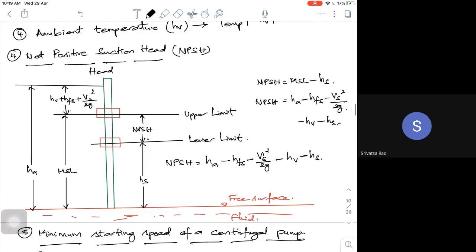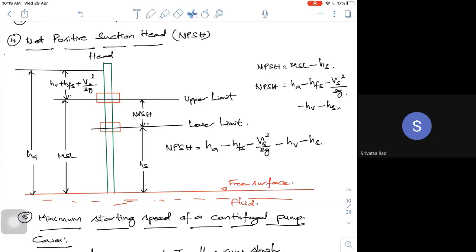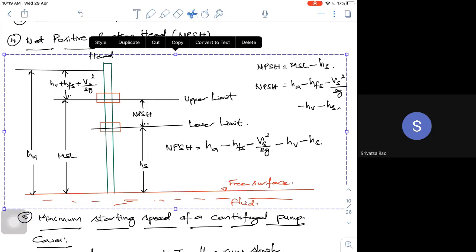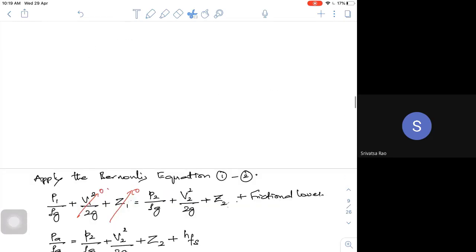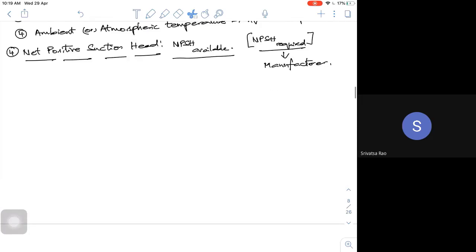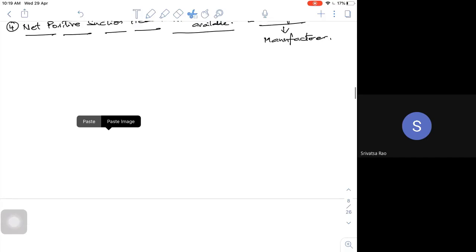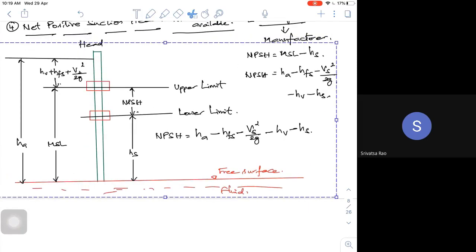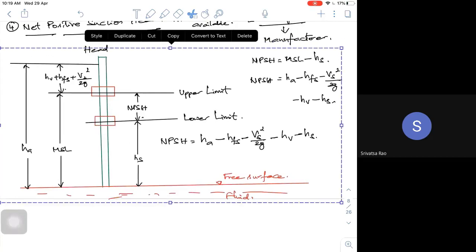Take up the same sketch which I wrote yesterday. Now, suppose you have a sump.